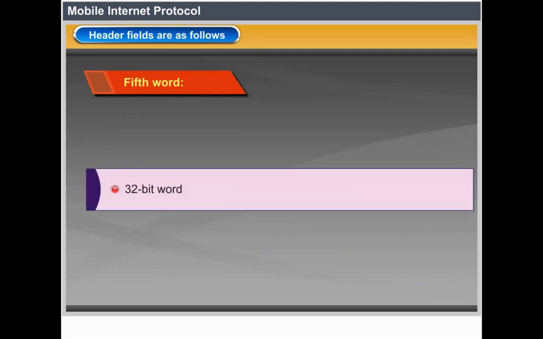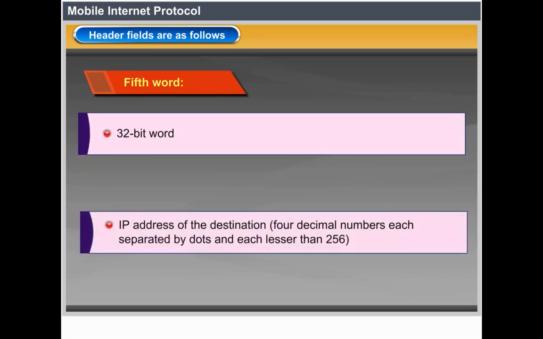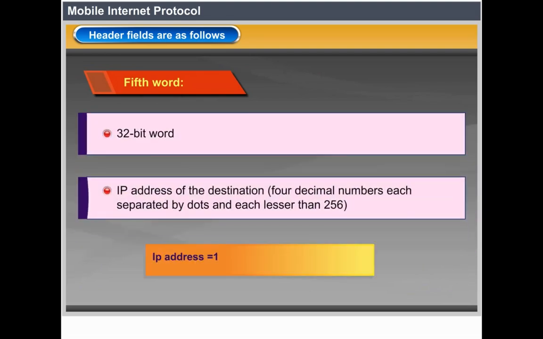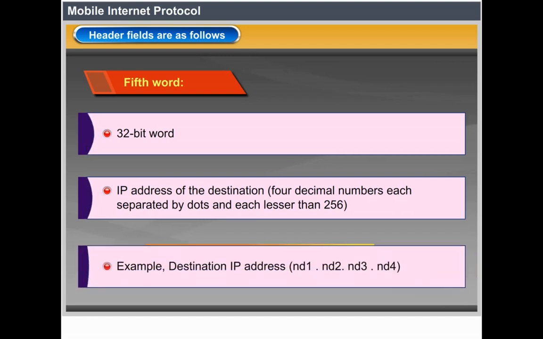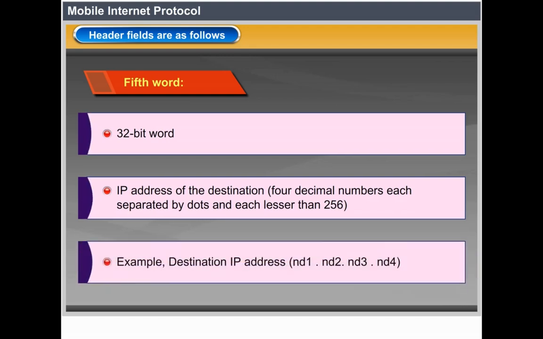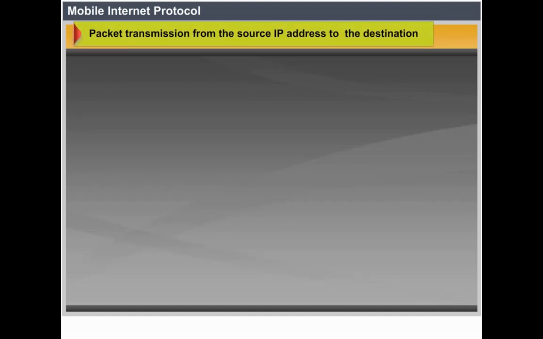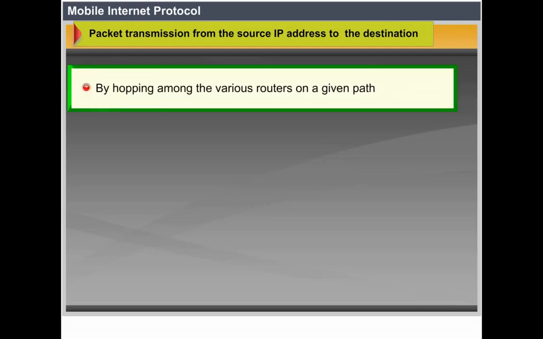Fifth word: a 32-bit word. IP address of the destination, 4 decimal numbers, each separated by dots and each lesser than 256. Example: the destination IP address is nd1.nd2.nd3.nd4.